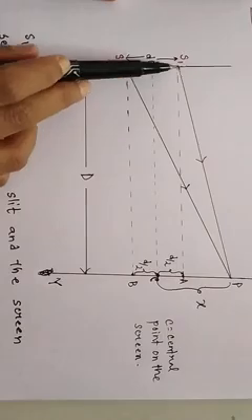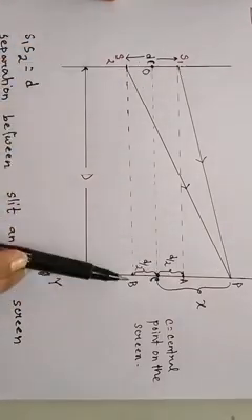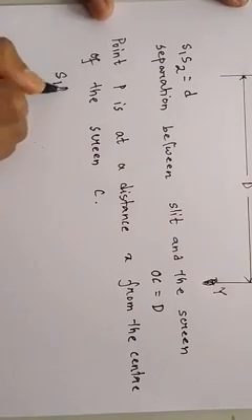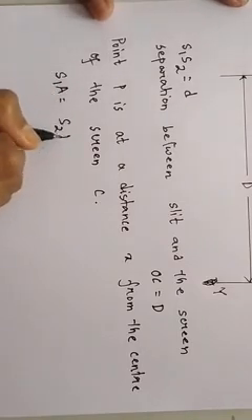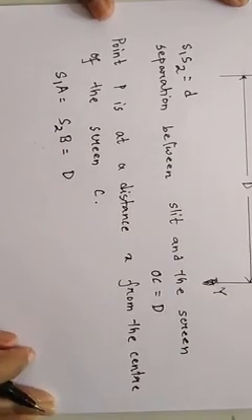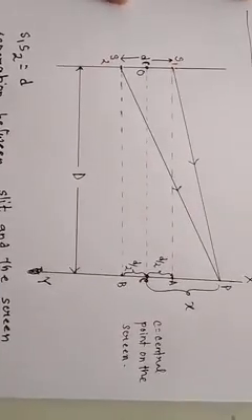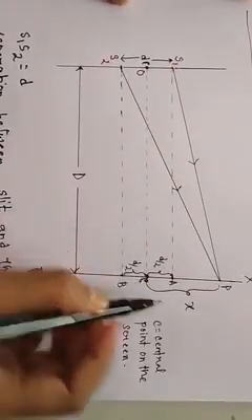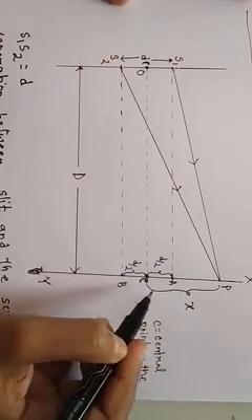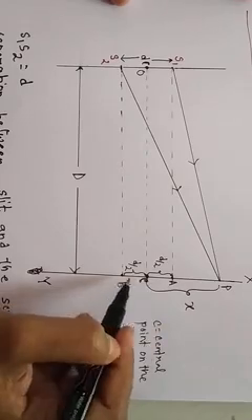Both S1A and S2B are equal to D. And C is the midpoint between A and B.